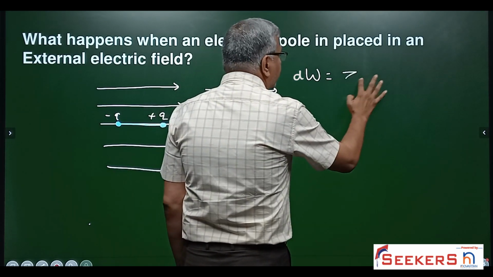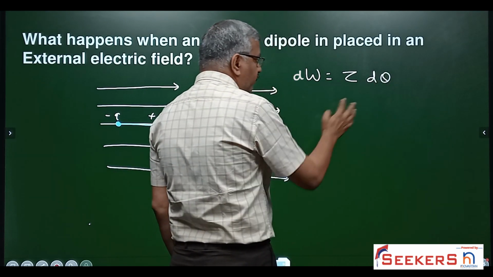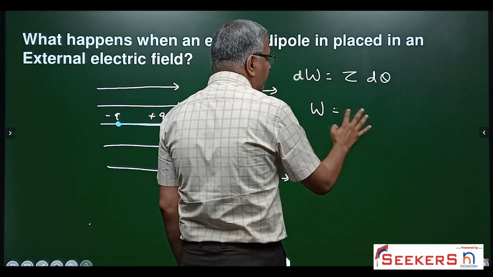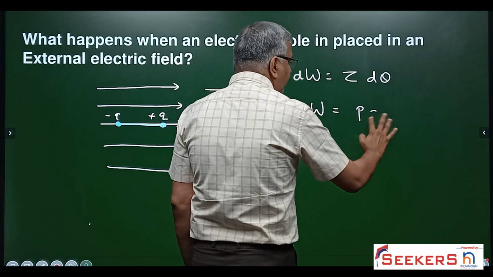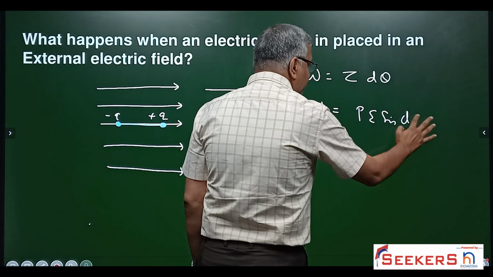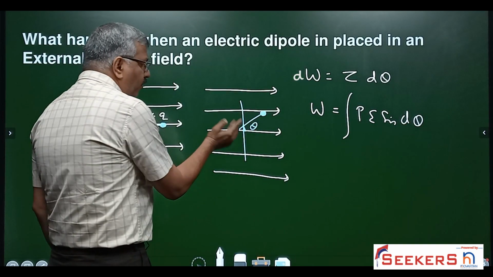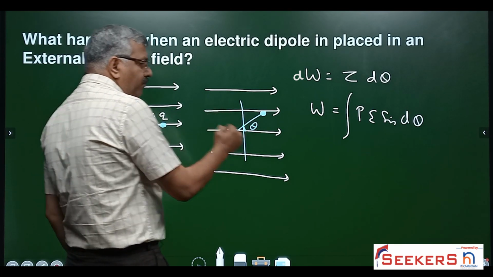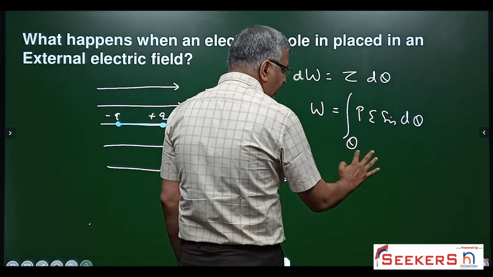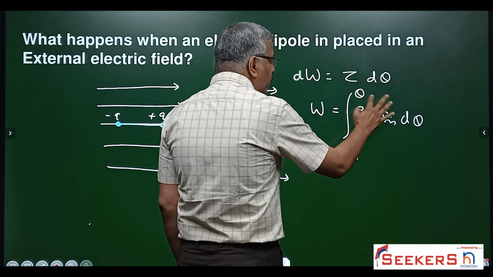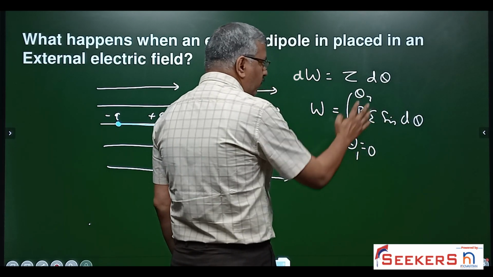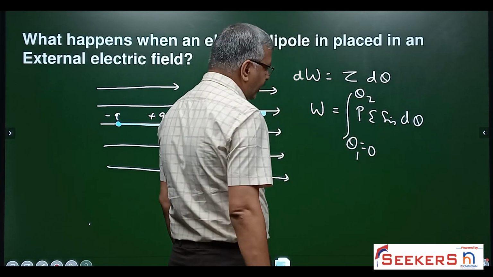Torque into d theta gives the work done. From there we got W is equal to P E sin theta d theta. Now, if you are turning it from an initial position theta 1 to theta 2, but theta 1 is equal to 0, so theta 2 is whatever angle.